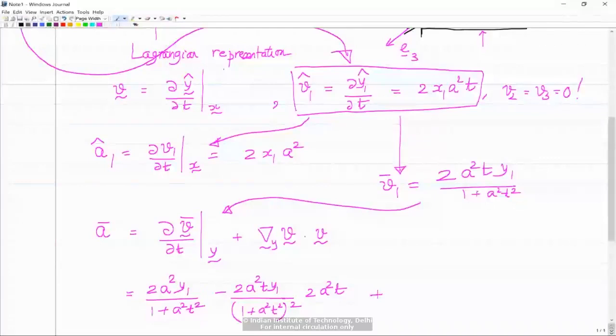By the way, remember that this V bar was just E1, no? So this is all in the E1 direction. If you think of it in the vectorial form, it is this times E1. Okay. Now, what's going to be this gradient?